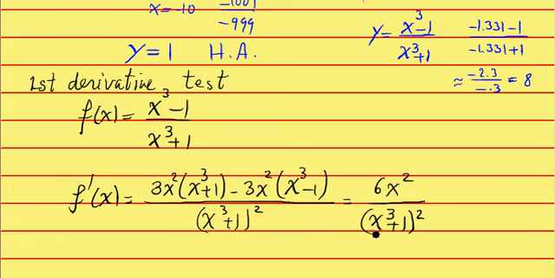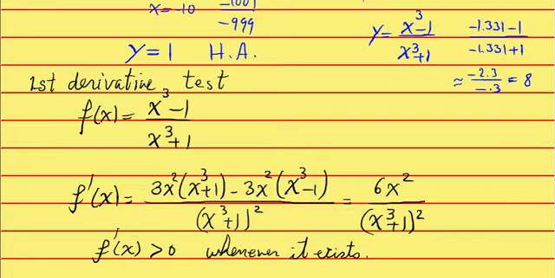I look at this expression: I am squaring the numerator and squaring the denominator, so the derivative is positive whenever it exists. Is there any point where it doesn't exist? Well, yes, when x is minus 1, you're dividing by 0, so that's out of the picture, as we knew from the beginning. But outside of that, f prime is positive whenever it exists.